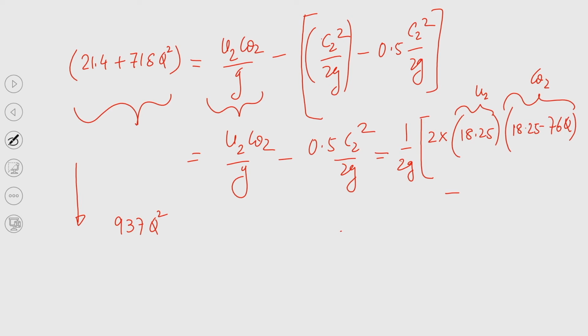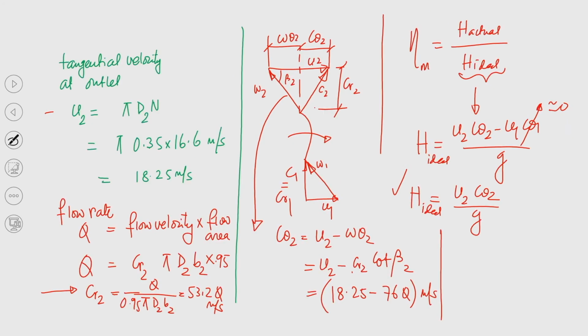What is C2 square? Let us look again at the velocity triangle at the outlet. C2 square is equal to CR2 square plus C theta 2 square.